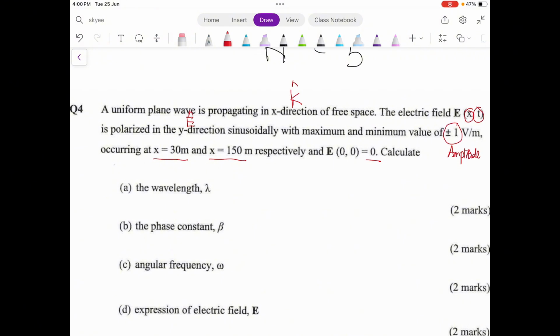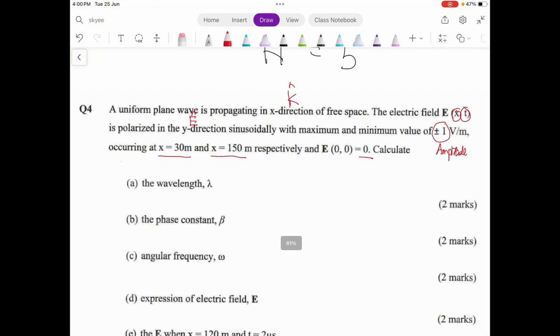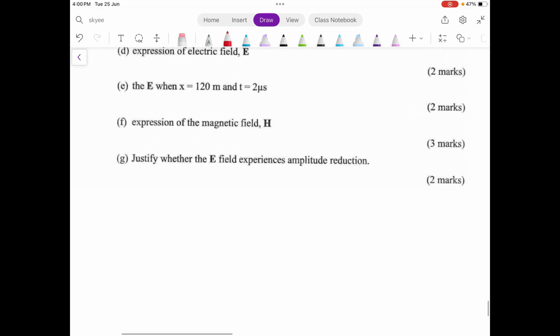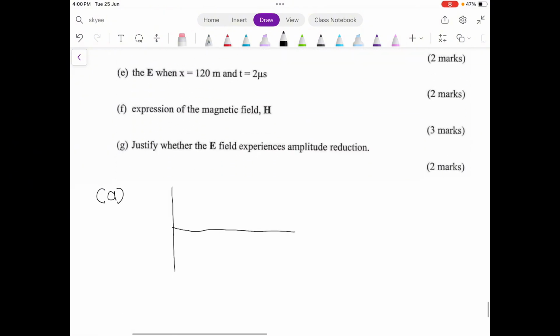So calculate the wavelength. First of all, I think you need some drawing to give you some idea. First one is about the amplitude, right? It's asking us to find the wavelength. So first of all, what is wavelength? Wavelength is the distance for a sinusoidal waveform to complete one cycle.